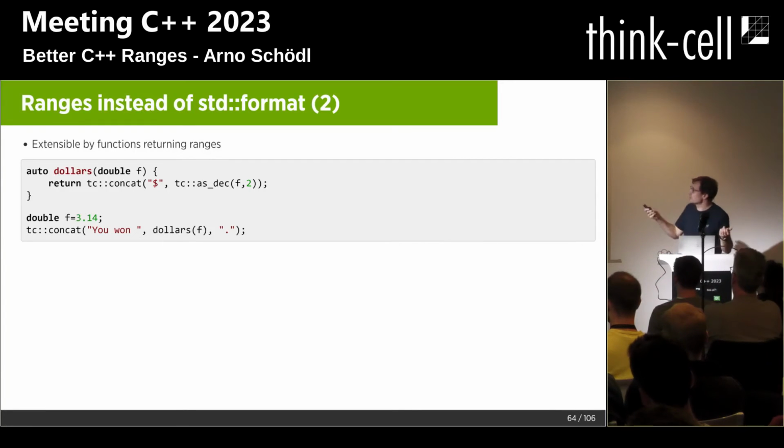Right? Like here, dollars is okay. You put a $ sign in front of it. Okay, that's my formatting function for dollars. Two decimal digits and a $ sign in front of it. And I just write this into a function, and now I can use it wherever I use strings. Right? Easy. And this is how we actually do a lot of string formatting.